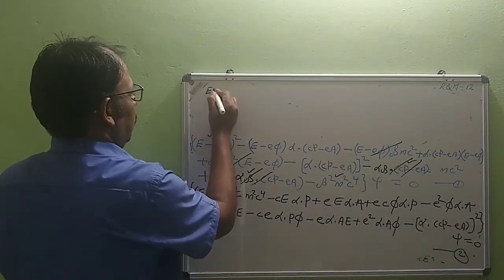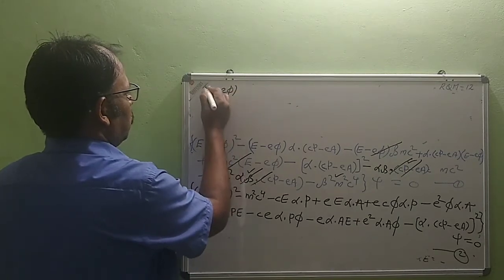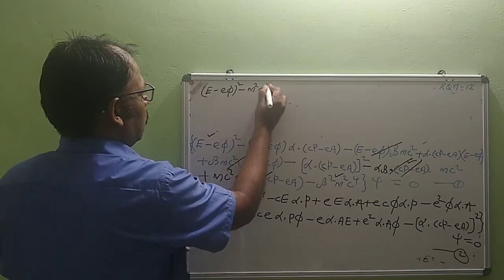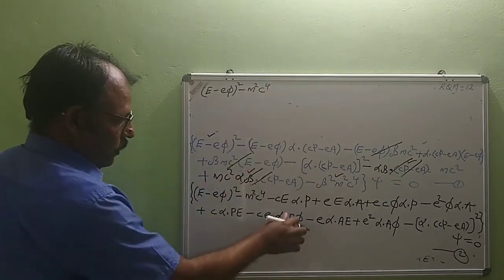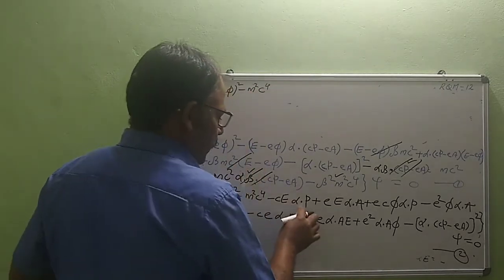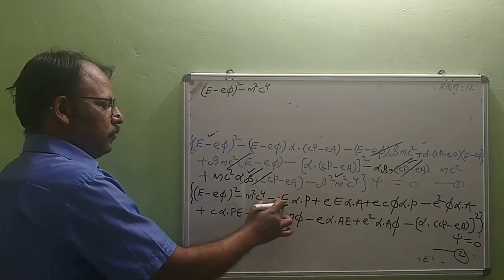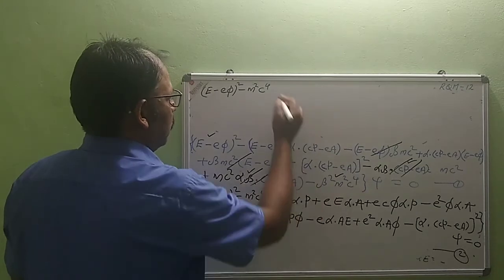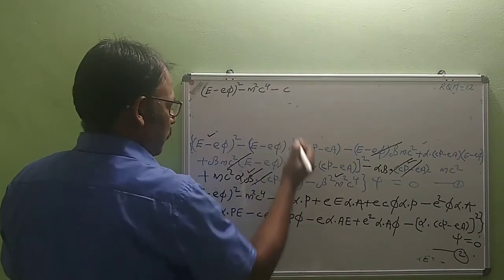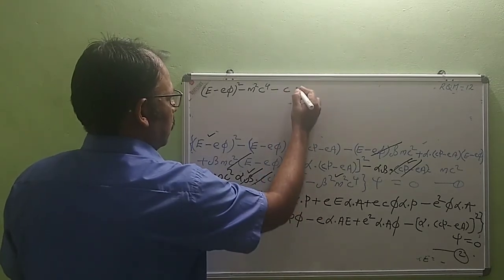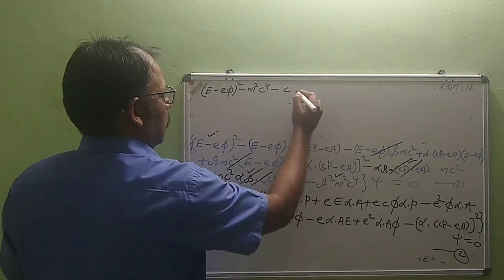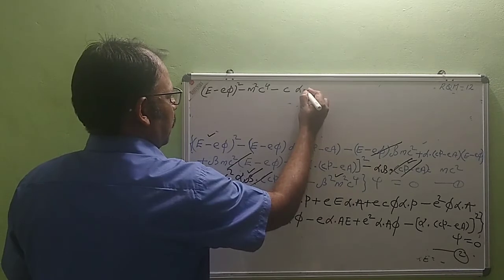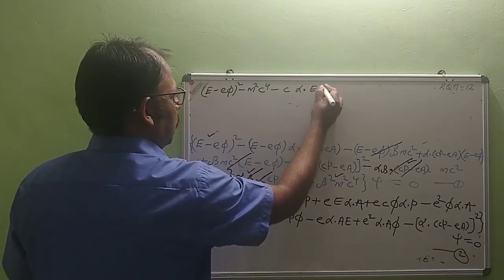First term (E minus Eφ) the whole square minus m square c raised to 4. Now alpha and E are commuting with each other. Alpha commutes with E, so we can change its order. E alpha is the same as alpha E. So it will be minus C alpha dot EP.